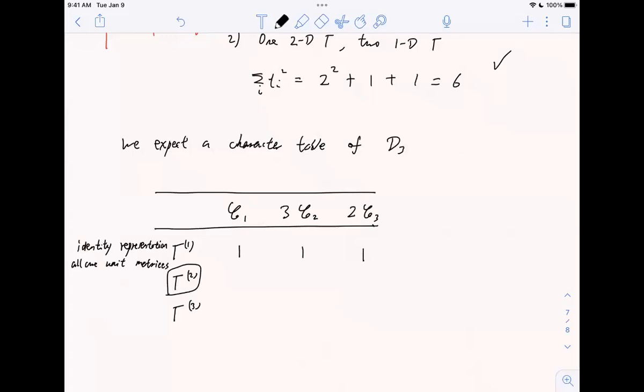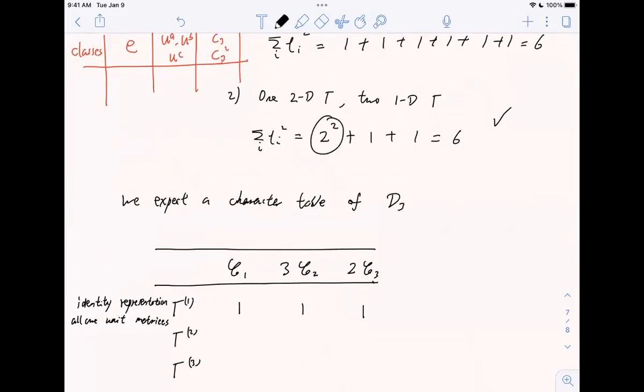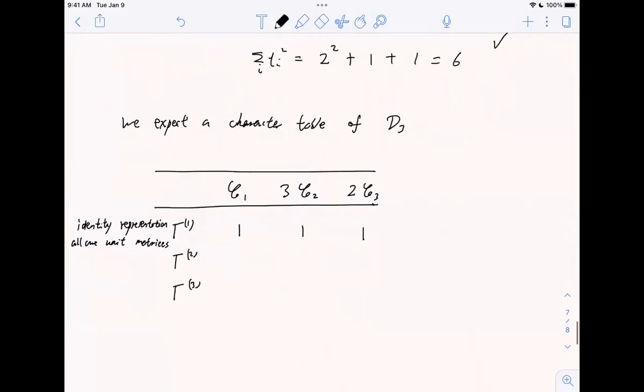This one is still 1 dimension, because we already know that you have 1 two-dimensional and 2 one-dimensional irreducible representations. So the second one is also a 1 dimensional representation, and this is the identity element, right? So the trace is always 1.